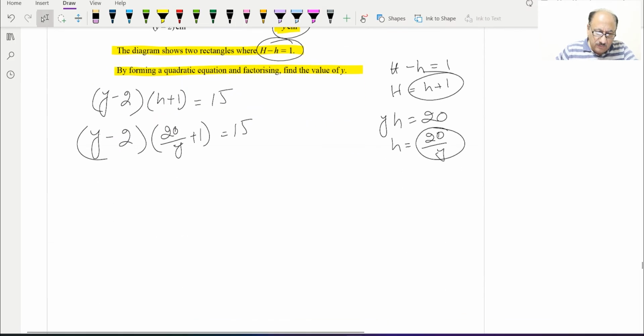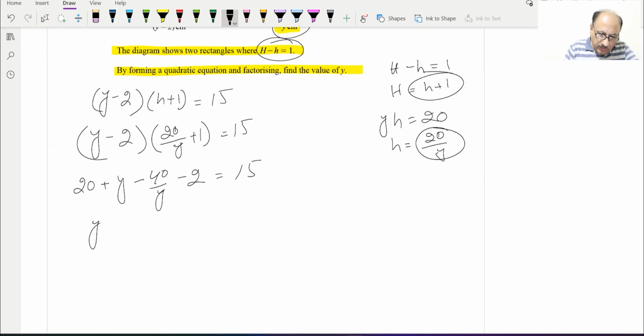Now we can simplify. We will be multiplying this with 20 over y, resulting in 20, then y with 1 will be y, then minus 2 with 20 over y will be minus 40 over y, and minus 2 with 1 will be minus 2 is equal to 15. Now we can multiply everything by y, and before that we will just simplify y minus 40 over y and 18.